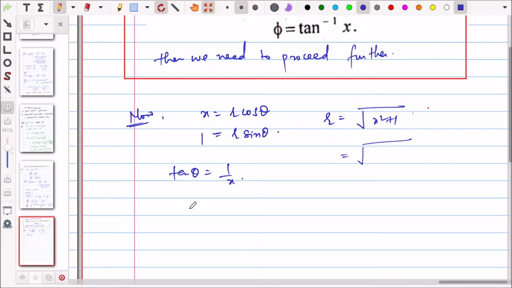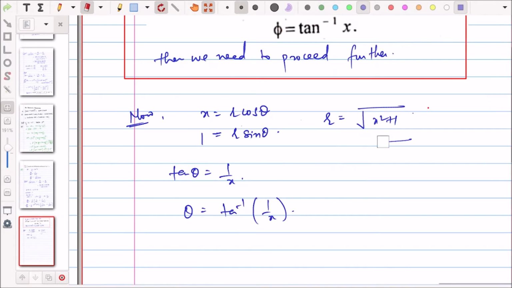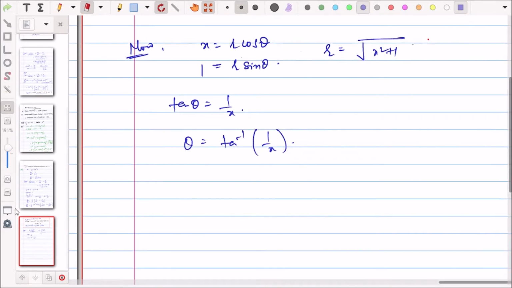So theta is equal to tan inverse 1 by x. So theta is this, r is our square root of x square plus 1. Now we can write it in this form.